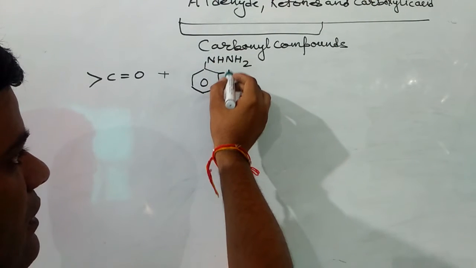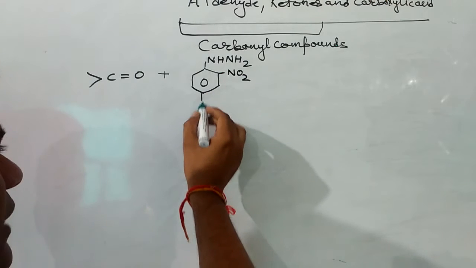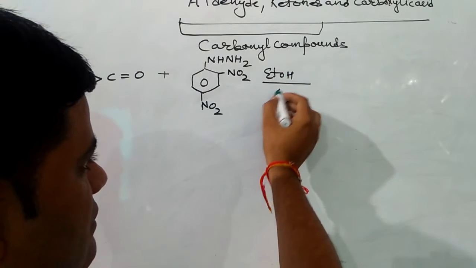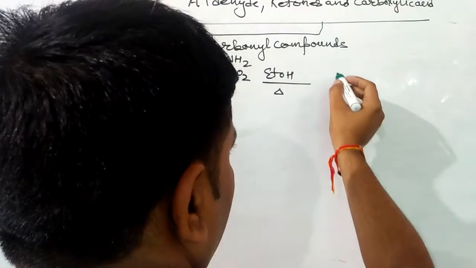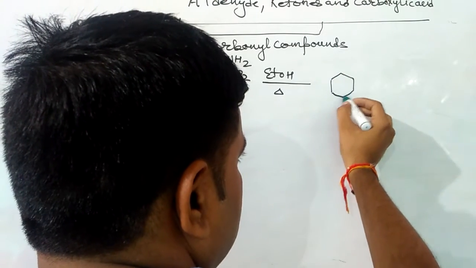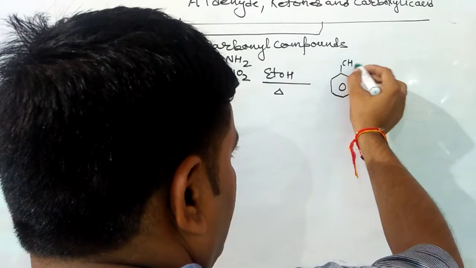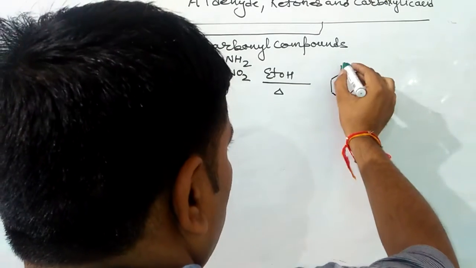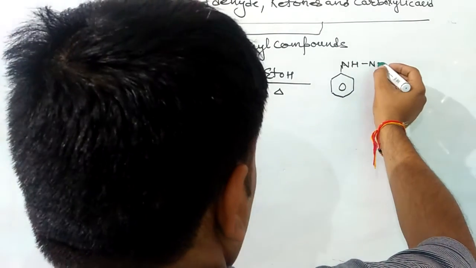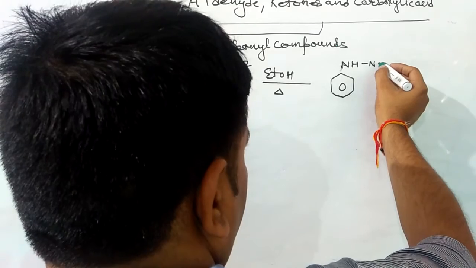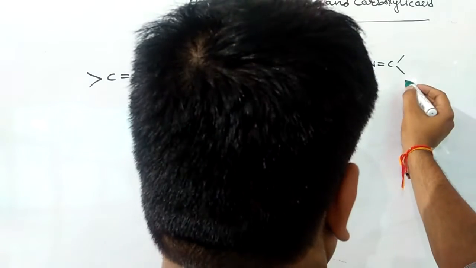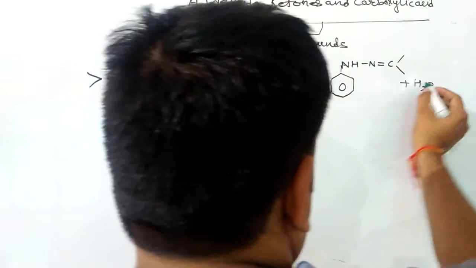2,4-DNP stands for 2,4-dinitrophenylhydrazine. When an alcoholic solution of both is heated in a water bath for 5 to 10 minutes, we will get a yellow colored precipitate of 2,4-dinitrophenylhydrazone as a product, and water is removed.